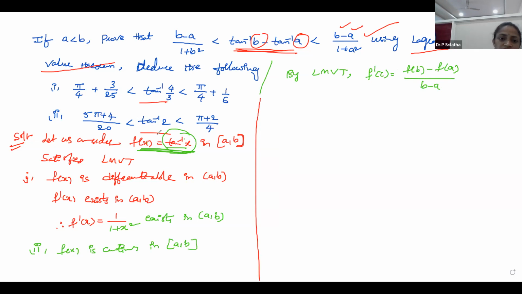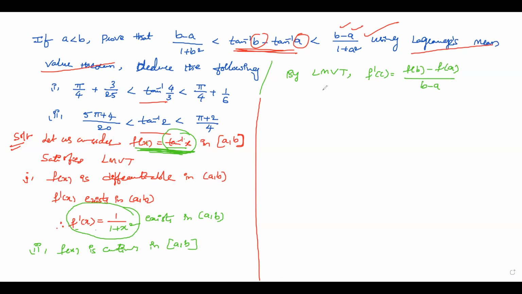So what is f dash of c? F dash of x is nothing but 1 by 1 plus x square, so f dash of c is 1 by 1 plus c square.